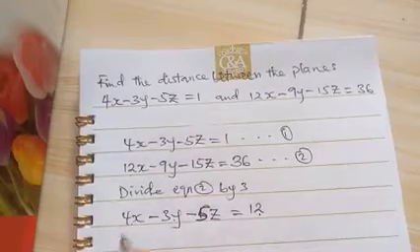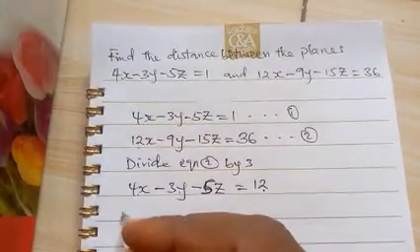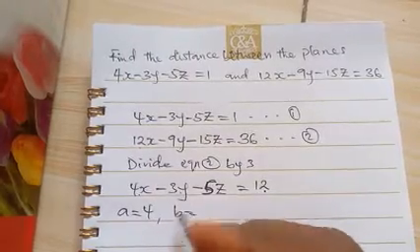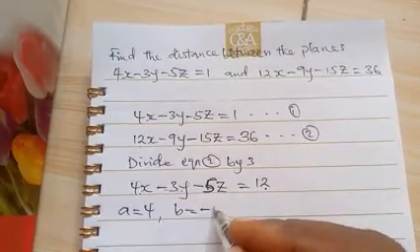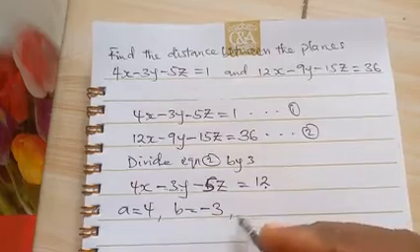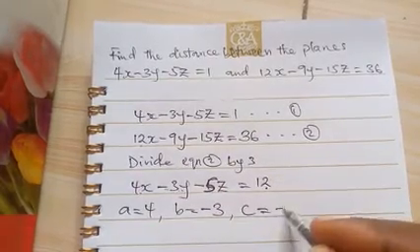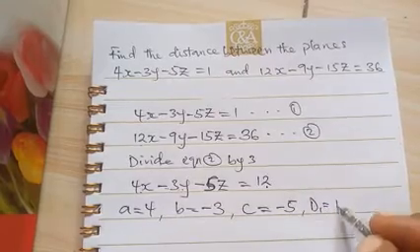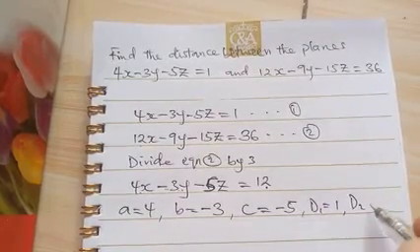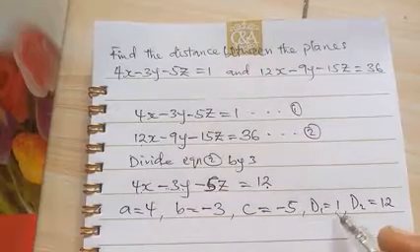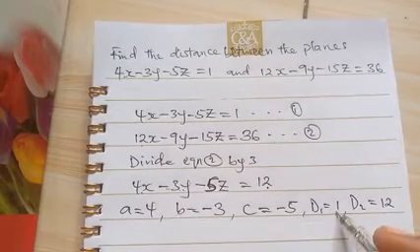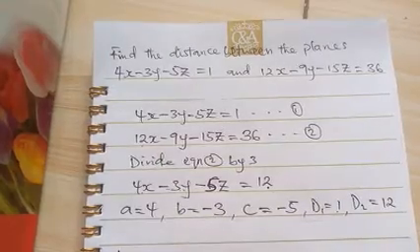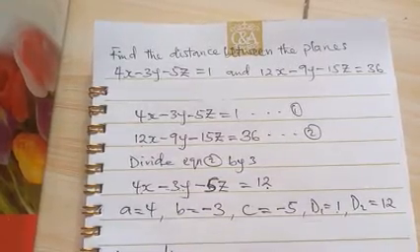Because of that, the coefficient of x, a, is 4, and our b is minus 3. Remember the sign, minus 3. Then that means that our c is minus 5, and our d1 becomes 1, our d2 becomes 12. You can still use d1 as 12 and d2 as 1, since the formula says it's absolute value.